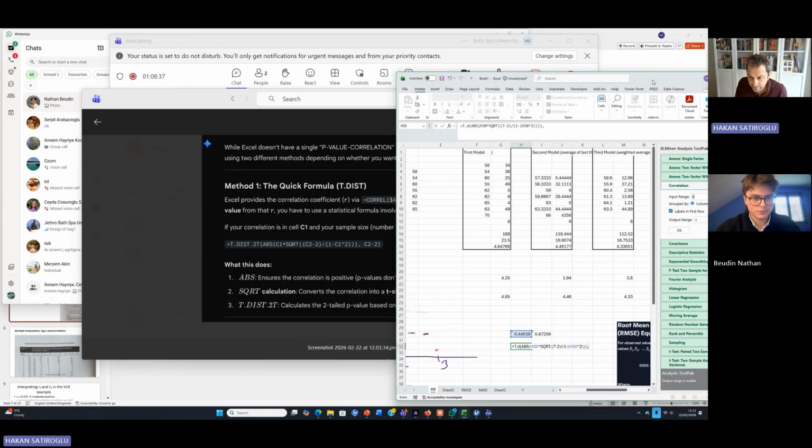And it says put here 7 minus 2. Why is it 2? Because we have 2 columns, therefore it says 2.